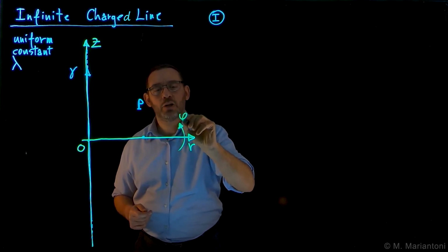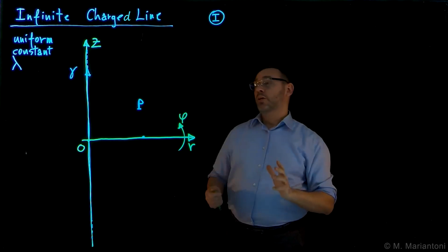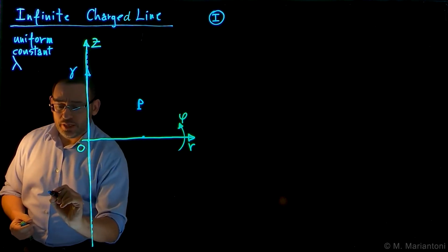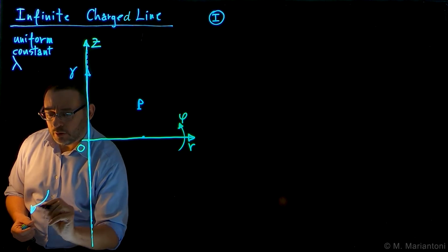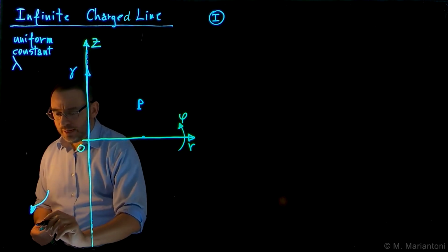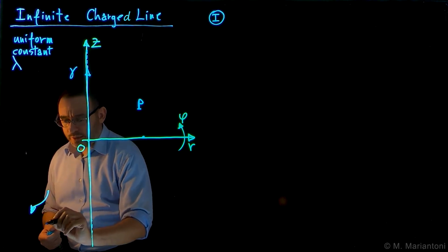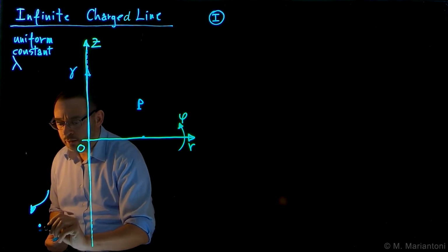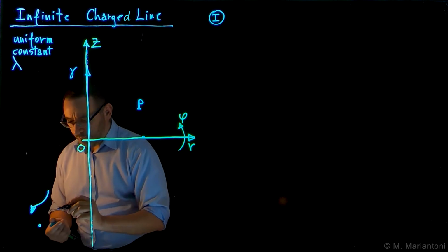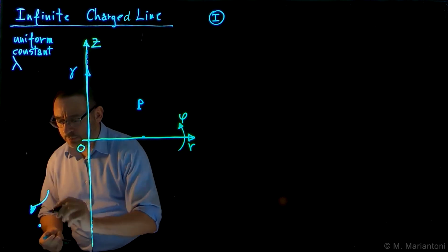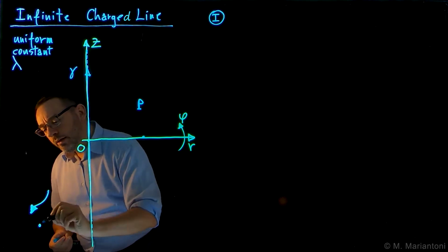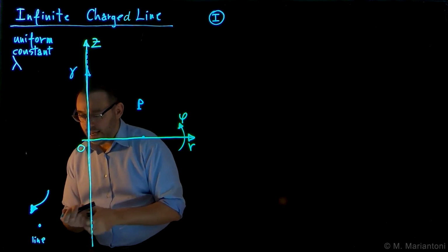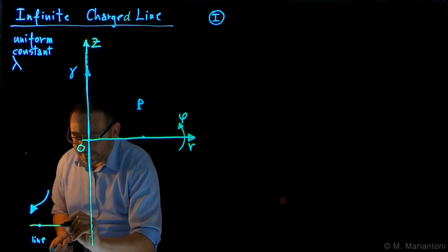I'm not going to discuss too much about this phi here. If I look at this problem from above, what I see is something like this. I have the trace of my line here, this is my line. And then I have my coordinate system, which looks like that.